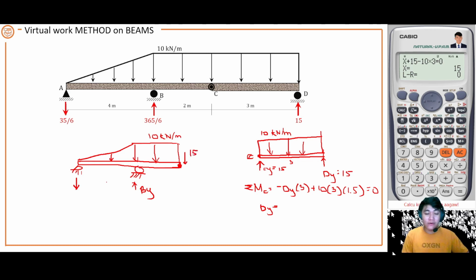Now we can solve the reaction at A, so Ay.